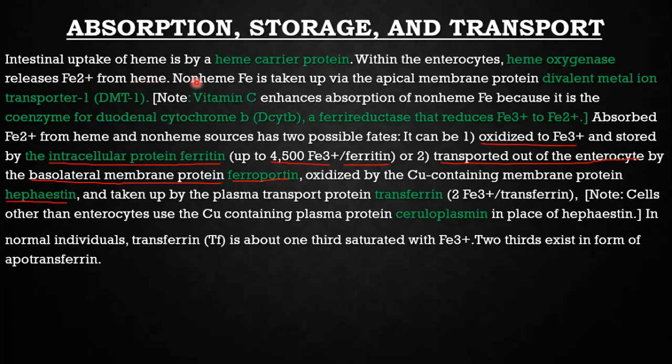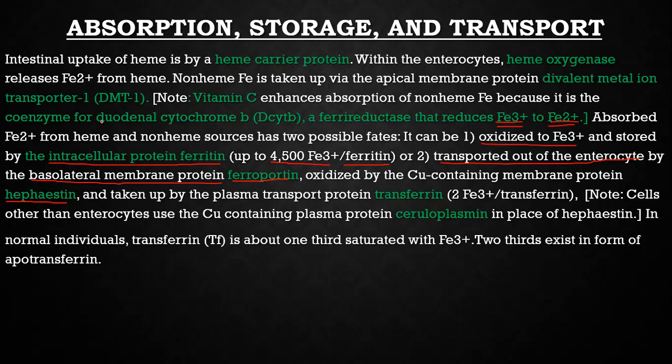Then non-heme iron is taken up by an apical membrane protein known as the divalent metal ion transporter 1. Before it is taken up, because it is in the ferric state, we first have to reduce it to the ferrous state.